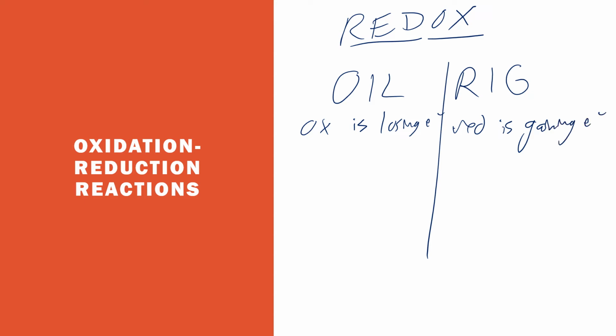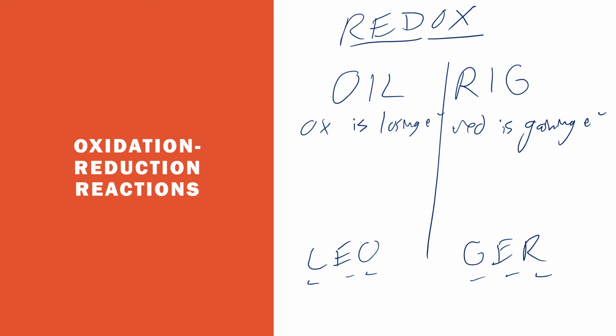So the substance that is oxidized loses an electron over the course of the reaction, and the substance that is reduced gains an electron over the course of the reaction. I've also seen LEO the lion says GER, so LEO and GER, where losing electrons is oxidation, gaining electrons is reduction. Either way you want to remember it, you do need to make sure that you remember it.